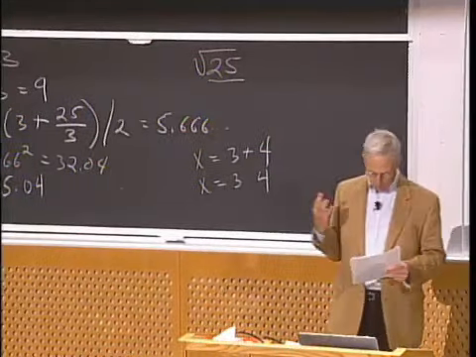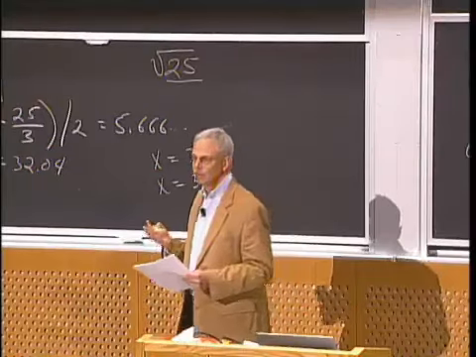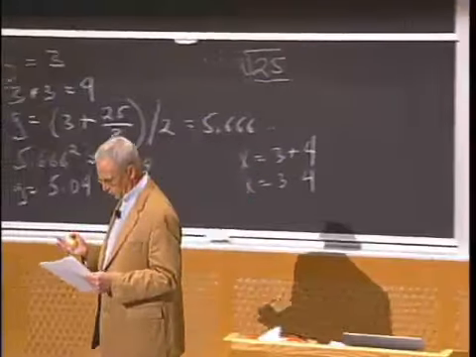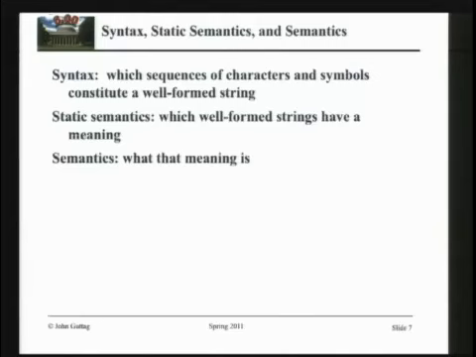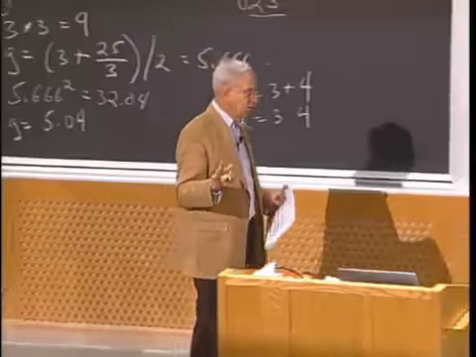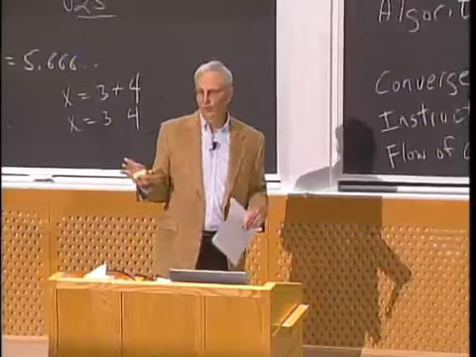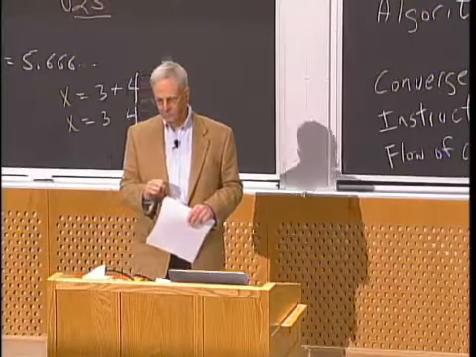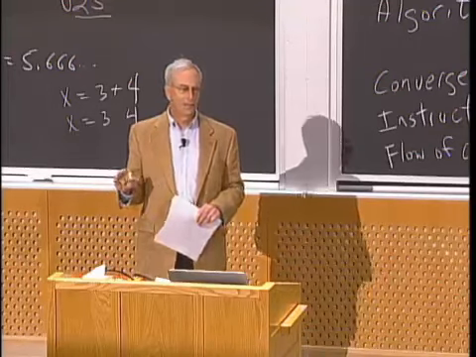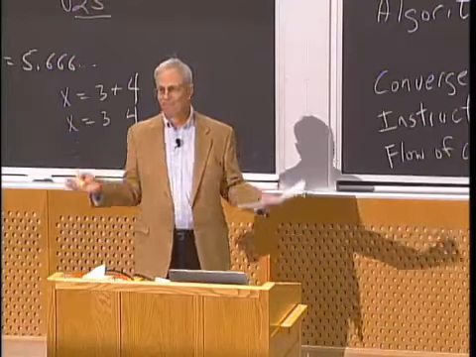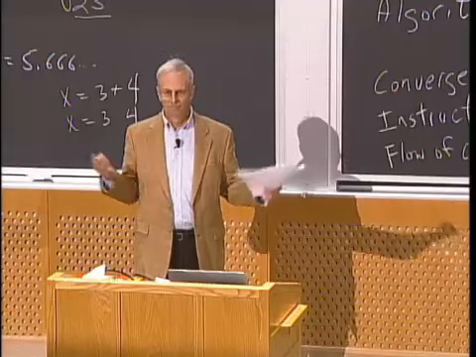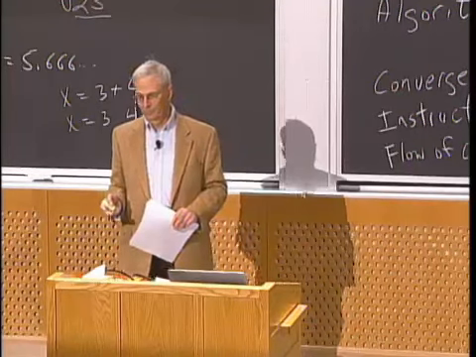So by analogy with English, the syntax describes which strings of words constitute well-formed sentences. Well-formed, not necessarily meaningful. So it would tell you that some sentence like Susan is building is syntactically well-formed, though it may not be very sensible.